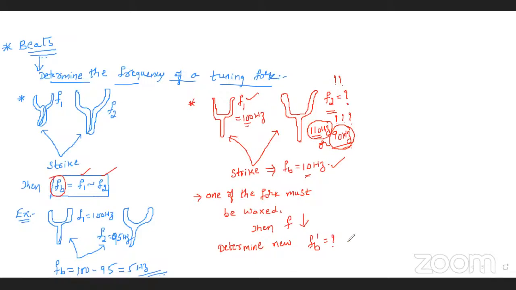This should be either more or less than the original beat frequency. Depending upon this FB dash, find the unknown frequency. So this is the procedure you have to remember.